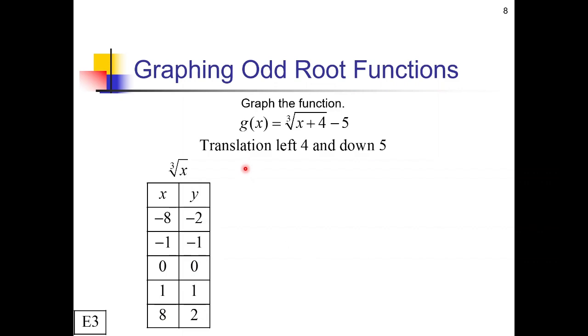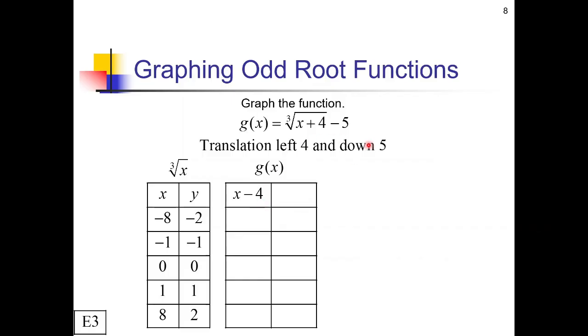So for my new rules for my g function, since we're going left 4, we're going to have x minus 4. Down 5 means we're going to have y minus 5. So we've got -8 minus 4 is -12. -1 becomes -5. 0 becomes -4. 1 minus 4 is -3.